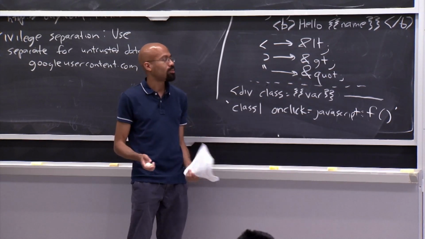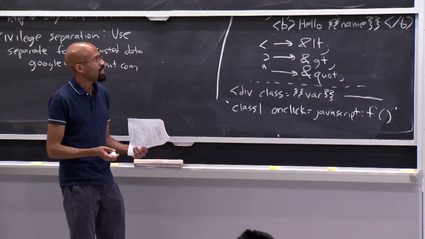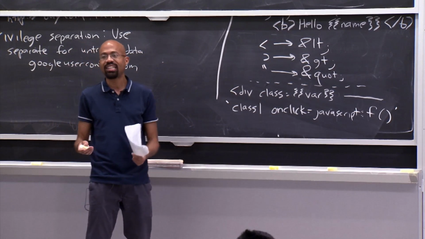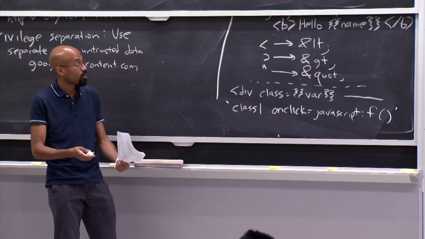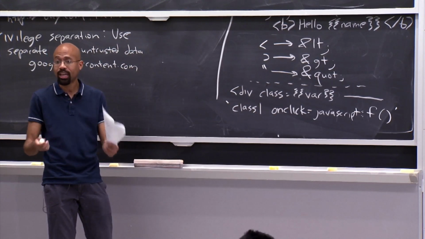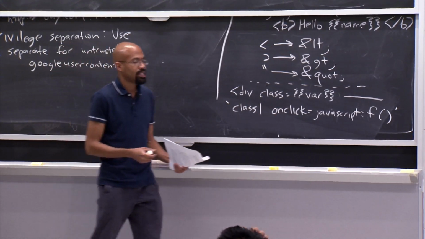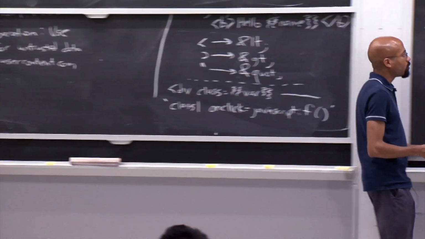So I guess the take-home point for this is that content sanitization kind of works, right? It is literally better than nothing. It can actually catch a lot of cases, but in many cases, it is not a full defense.